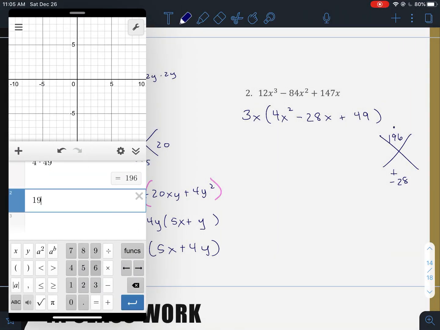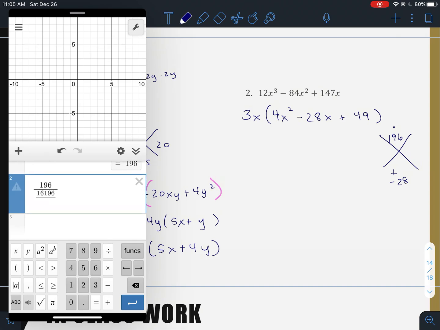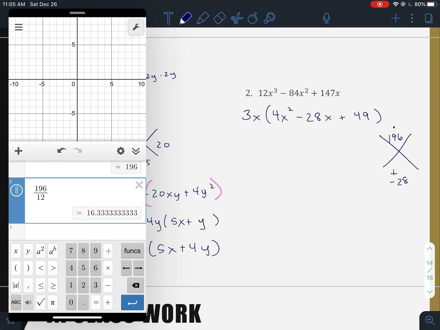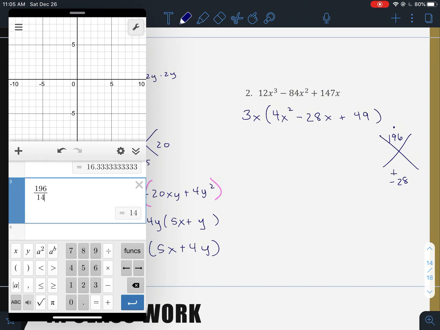So the factors of 196 that would add to 28: 196 divided by 16, 196 divided by 12, 196 divided by 14. So 14 and 14 would work. So negative 14 and negative 14. Notice, since those two are the same, it's going to factor like a perfect square trinomial. So it'll be 3 times 2x minus 7 squared.